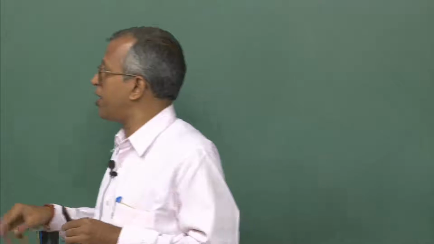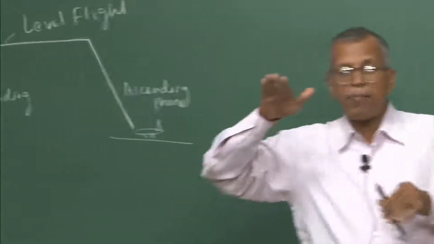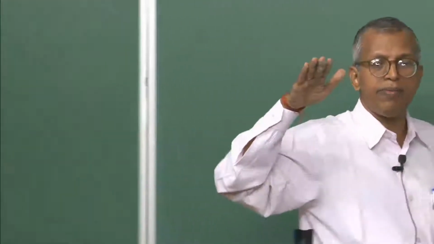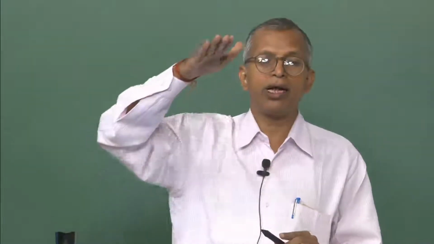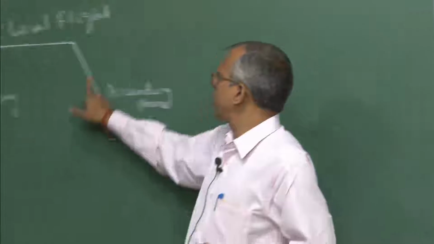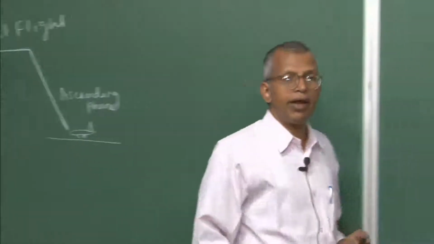In this level flight, what is really happening when the aircraft is flying level at one high altitude? There you do not have much acceleration. Here it will be accelerating and there it is decelerating, in the descending phase, and in that case the drag is equal to the thrust, and the lift is equal to the weight of the vehicle.